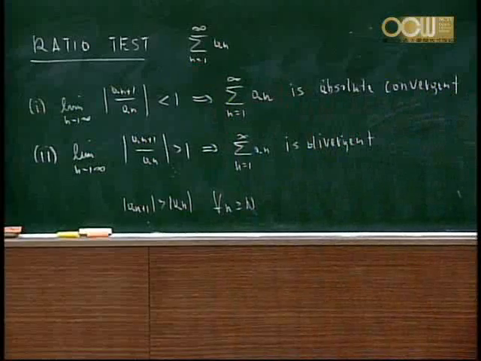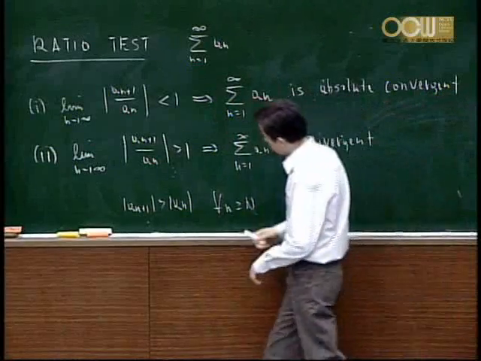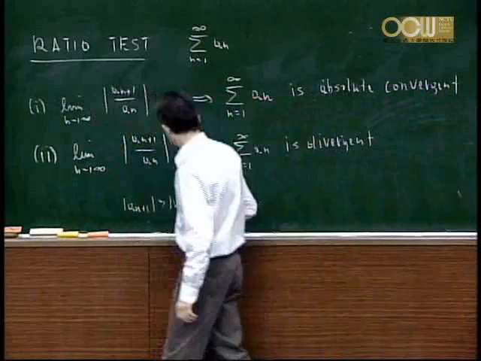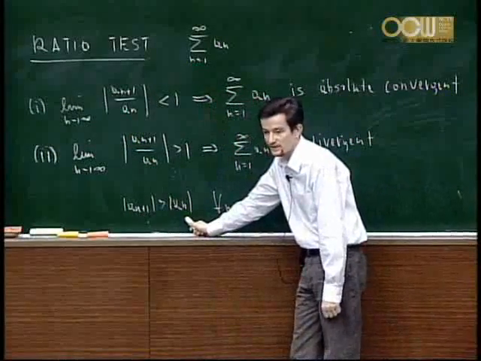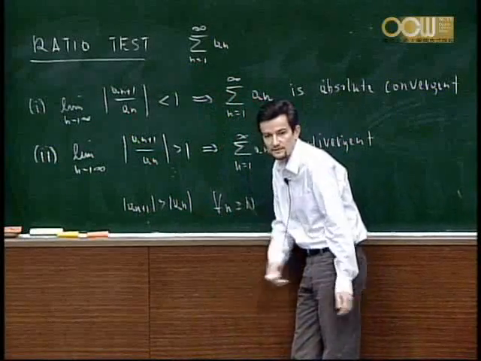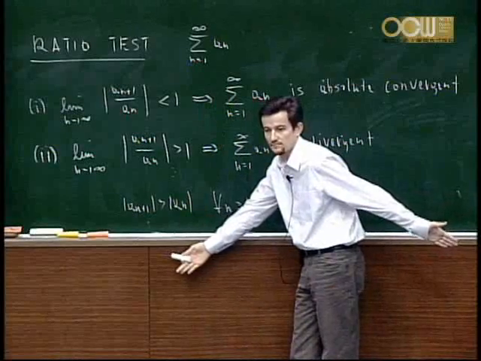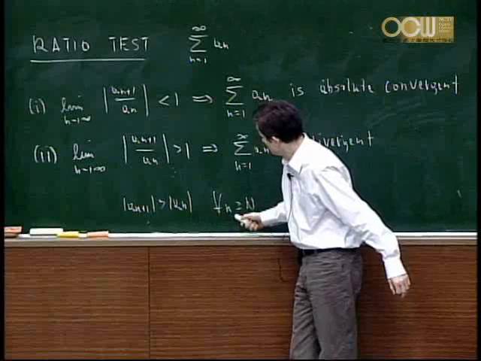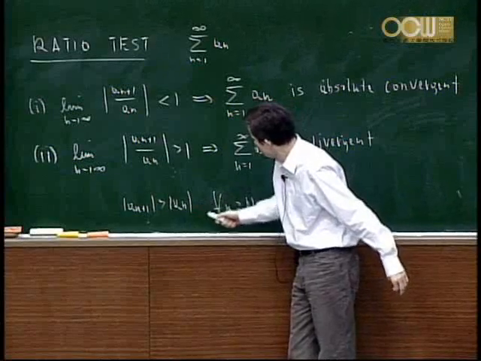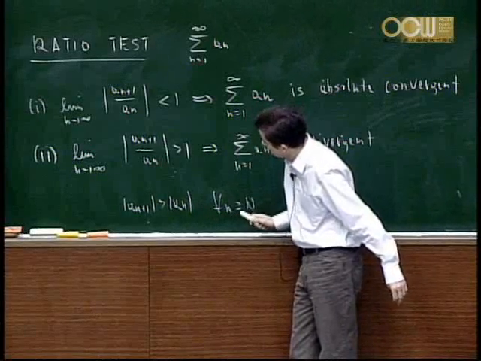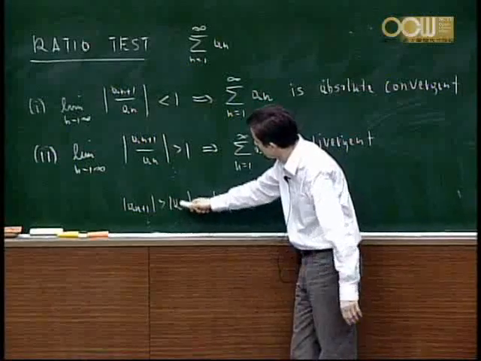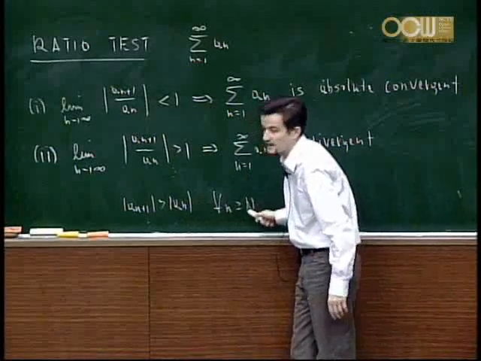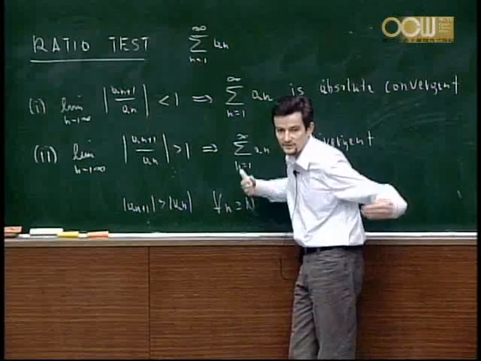Okay, but you see that this condition means your sequence a_n is moving away from 0. In particular, all the a_n for n larger or equal than capital N are larger than the absolute value of a, and then you replace small n by capital N. So you cannot move to 0.